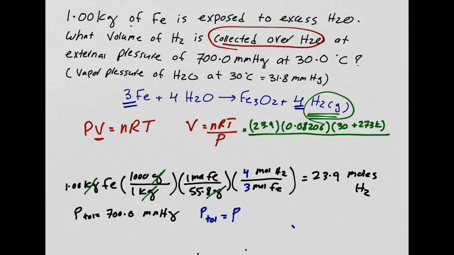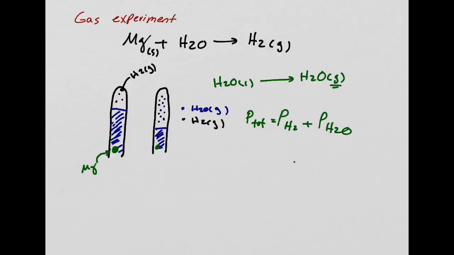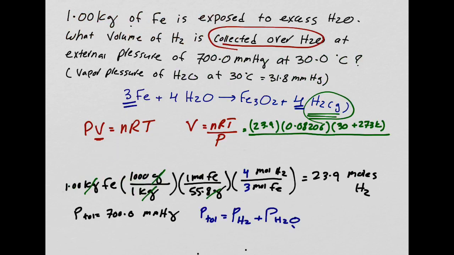It is the H2 gas, but also some of the water vapor is going to get there, right? Some of the water vapor is going to convolute it. Remember this. Yes, we have some H2 gas in there, but also the water gas is going to convolute it. Some of the water will go into the gas phase. So we need to subtract that out. Again, the key is collected over the water. So far, so good.